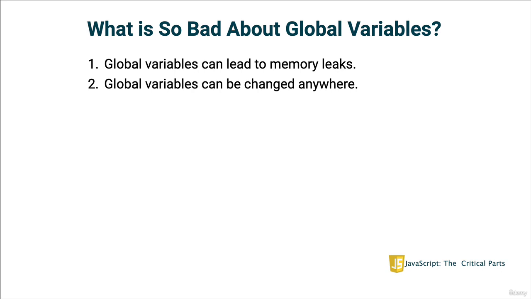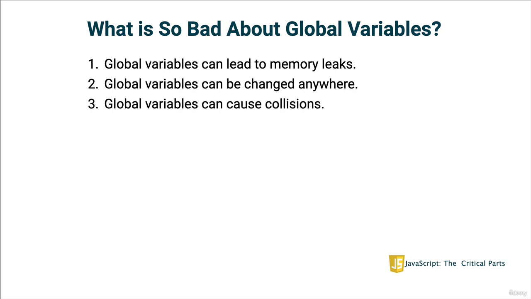We can change it anywhere. We can work with it anywhere. But the fact that we can change it anywhere means that it could be changed inadvertently. We could do something that would change that global variable without intending to. And that would cause unintended consequences, bugs that would be hard to track down. Therefore, we need to try to avoid that.